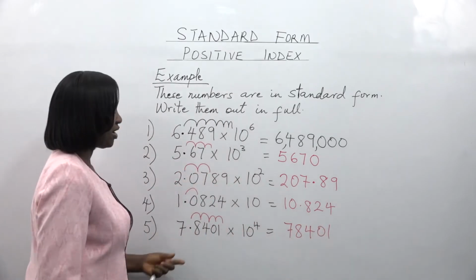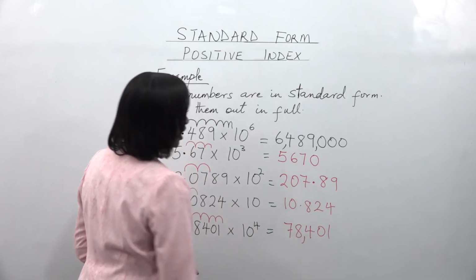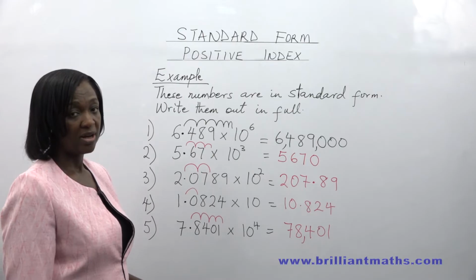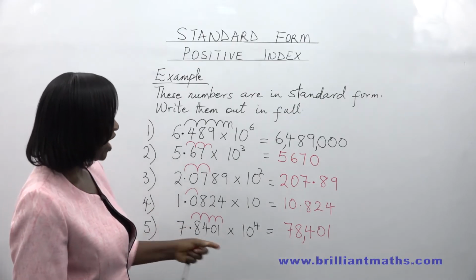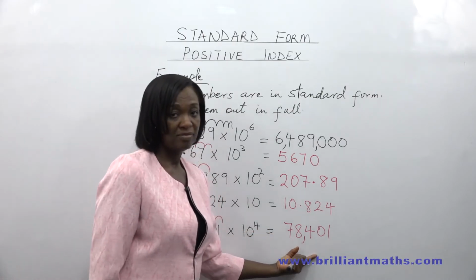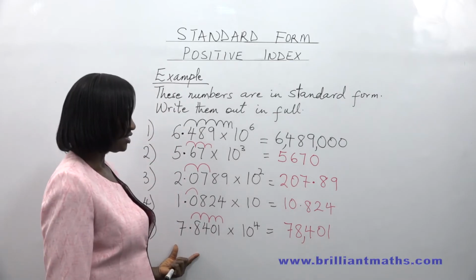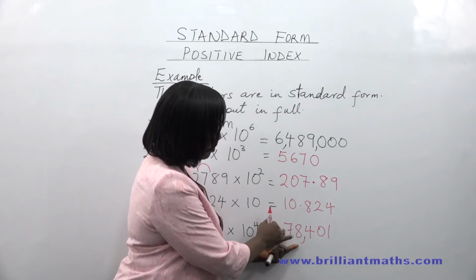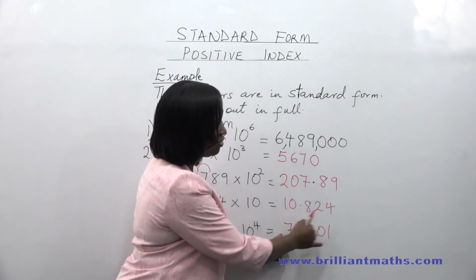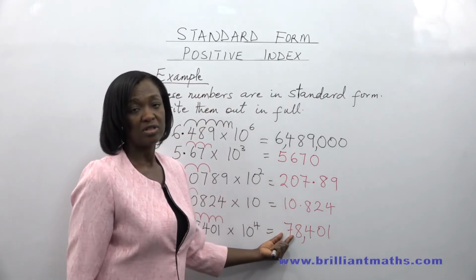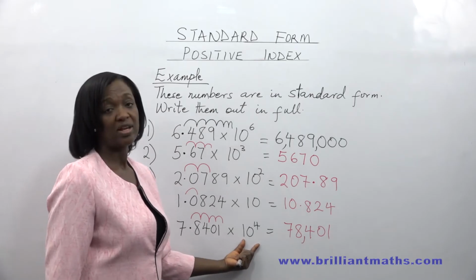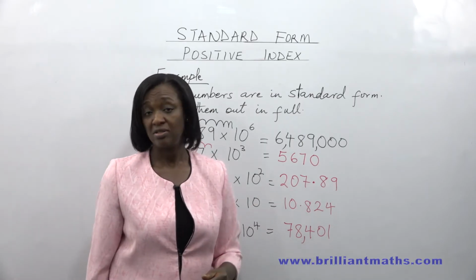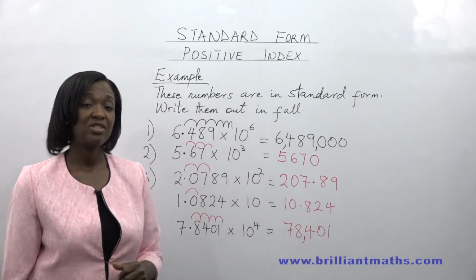So the full number is 78,401. If you were to write this in standard form, you'll get that. Let's just look at it. Standard form, the decimal point comes here, and then you have 4 digits. And that's the same as multiplying it by 10 to the power 4. Try it out. It's very easy, and you'll find it interesting.